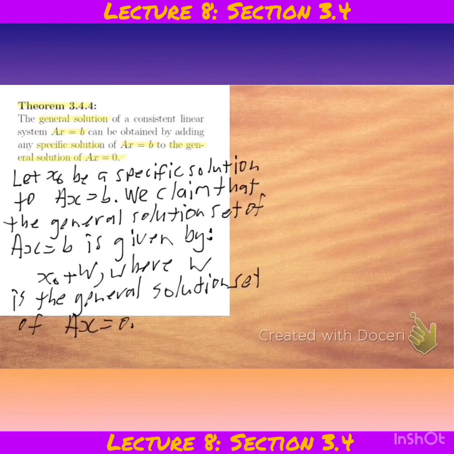Now to prove that this is the general solution set of Ax equals b, you need to prove that every point within that set is a solution to Ax equals b.